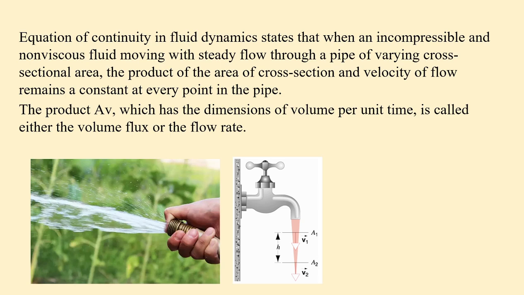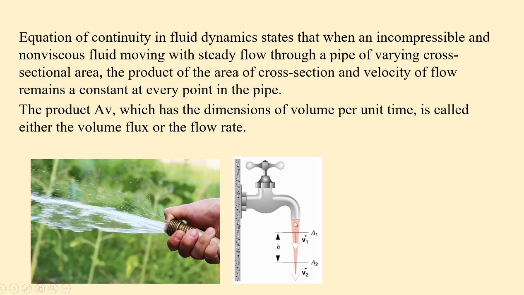Also, when we consider the motion of the water from a tap, as the water comes out and travels more distance, the velocity of the water particles increases, because of the acceleration due to gravity.